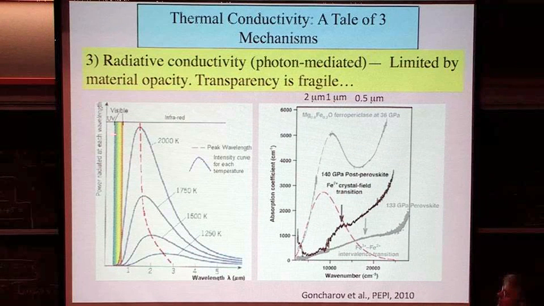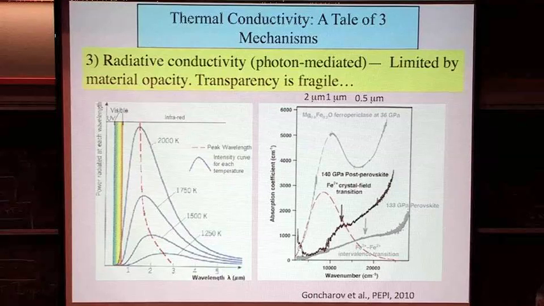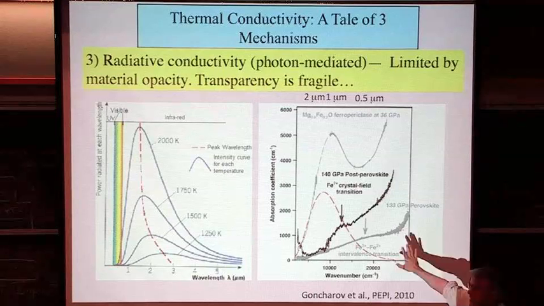A lot of effort has been devoted to determining what the optical properties of minerals are at high pressure and temperature. The goal is to figure out how far a photon can propagate in a mineral, because if you actually have radiative conductivity, your conductivities go way up. It's an immensely efficient means of transporting heat.